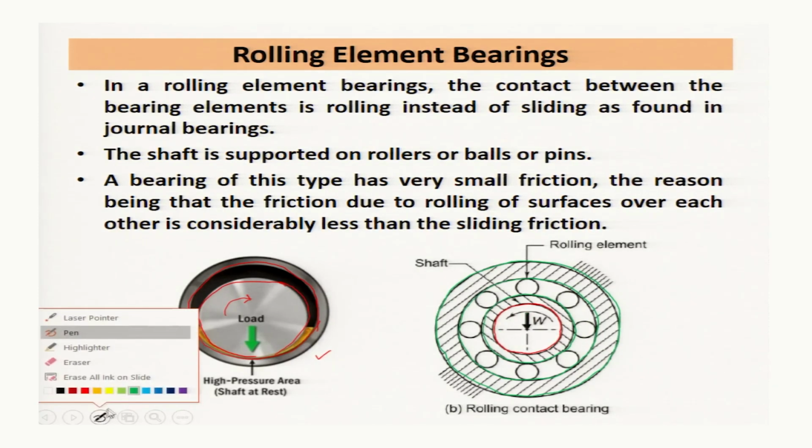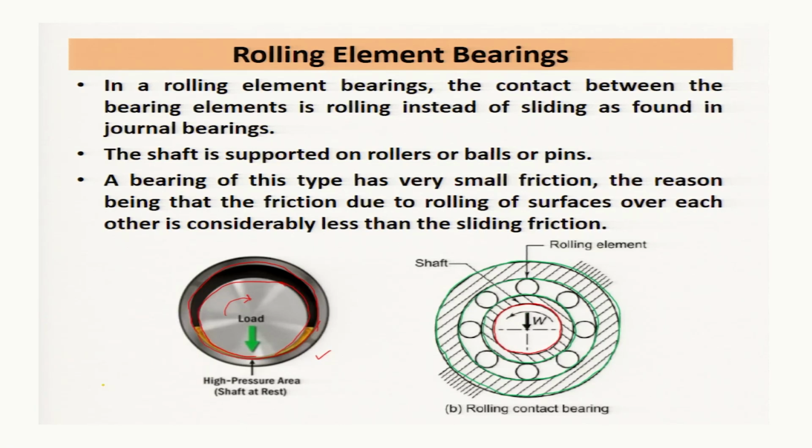So, in between these two races, there are rolling elements, separated from each other. They will not touch each other, and we will see later on this is done by providing a cage in this space.